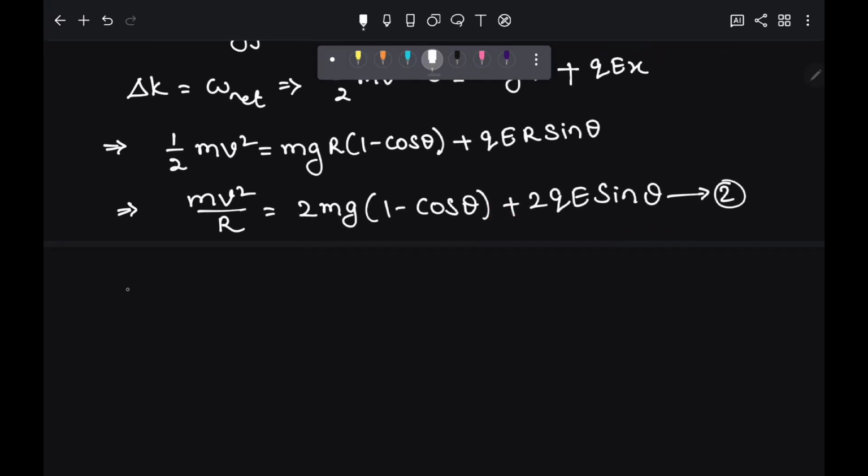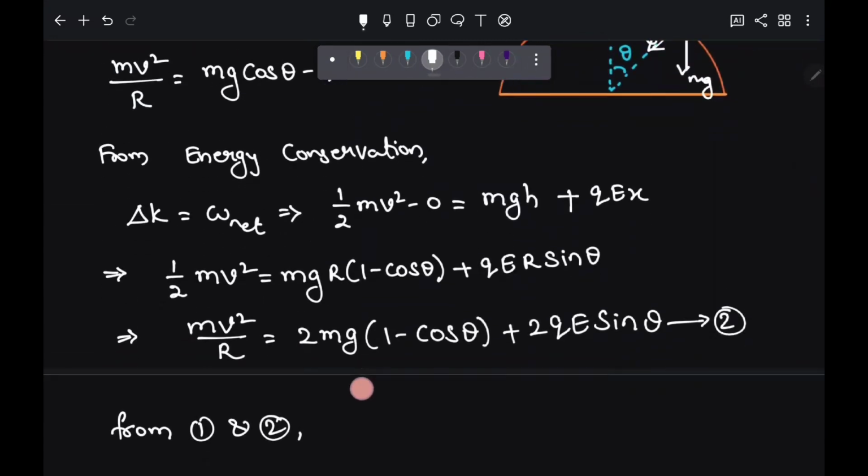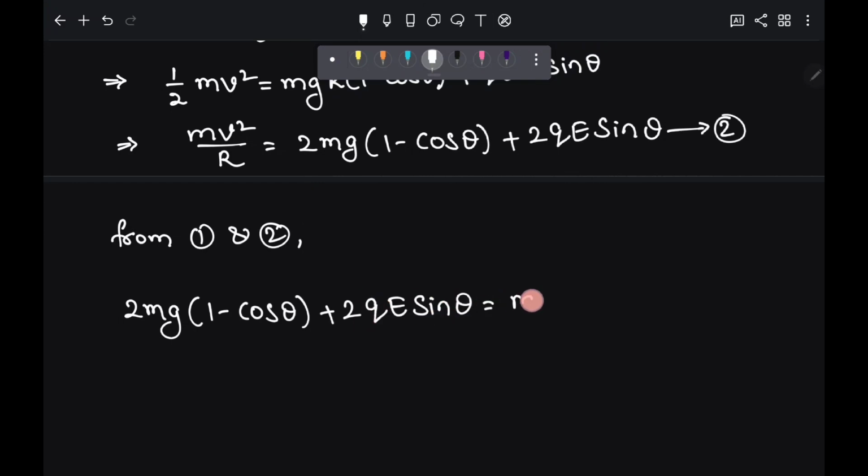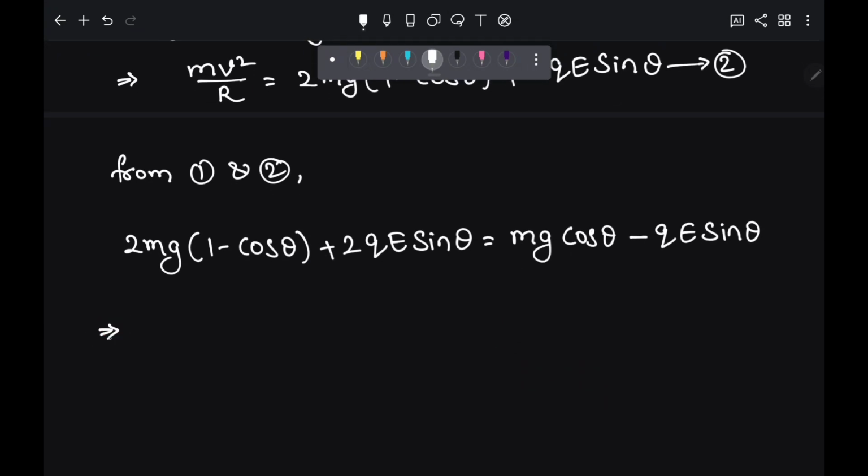From 1 and 2, mg cos theta minus qE sin theta is equal to 2mg into 1 minus cos theta plus 2qE sin theta. Let us bring the mg terms to the left side and the qE terms to the right side.